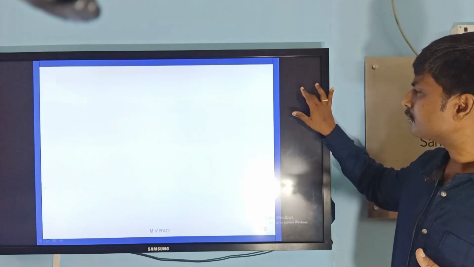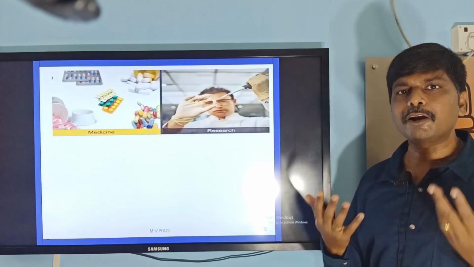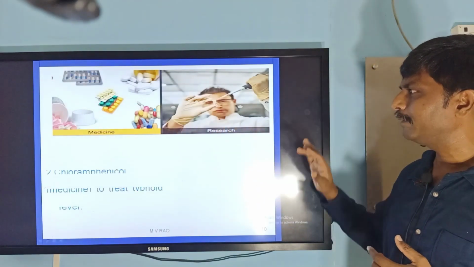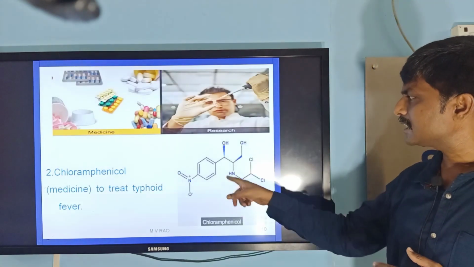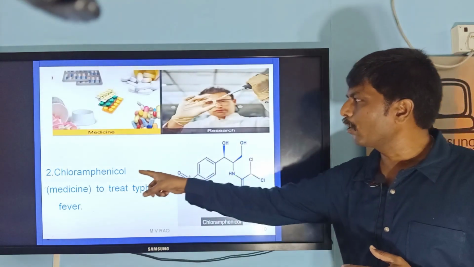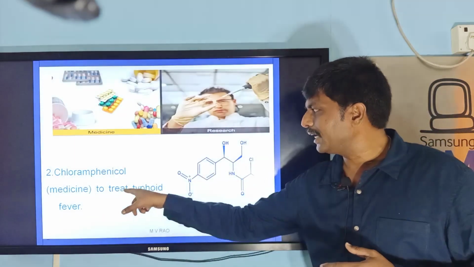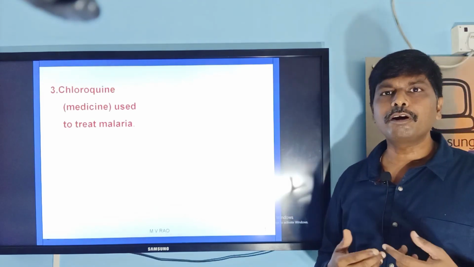So what is the second use? Many halogen compounds, halo derivatives, have many uses in the medicine field and in the research field. You can take chloramphenicol, its structure is chloramphenicol. It contains 2 chlorine atoms here. Chloramphenicol is a chlorine compound which is used in the treatment of typhoid fever. You can take another medicine, chloroquine.